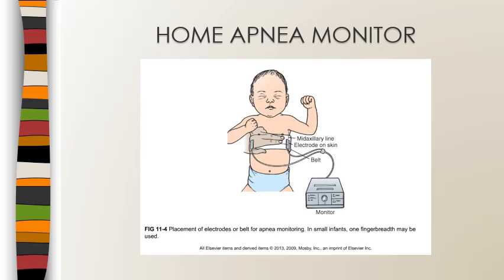This monitor is awfully loud. It's really hard to sleep through. So basically the alarms are set at a certain heart rate, and the length of time that can go in between breaths is less than 20 seconds. Once it's 20 seconds or more, then it will alarm.